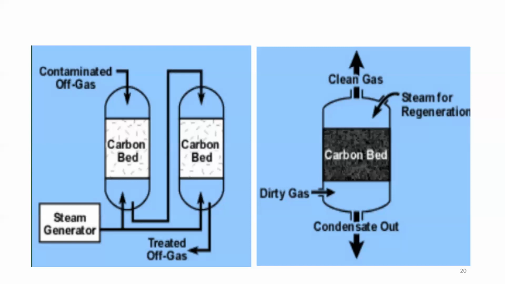Whatever pores are available on these carbons, the activated sites are going to adsorb all the pollutants which are present in the gases. They adsorb all these pollutants and the remaining clean gas can be separated out. So this may be the technique which is mentioned in the first diagram as well as in the second.